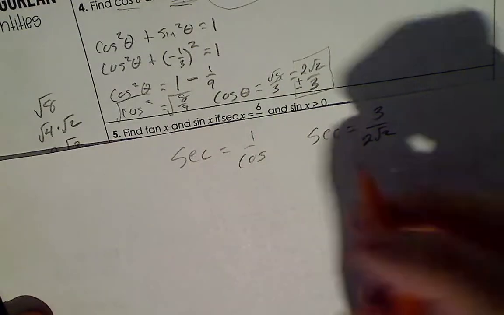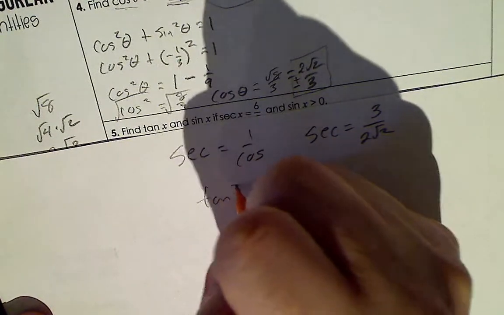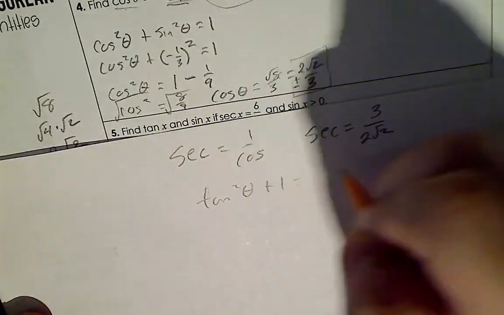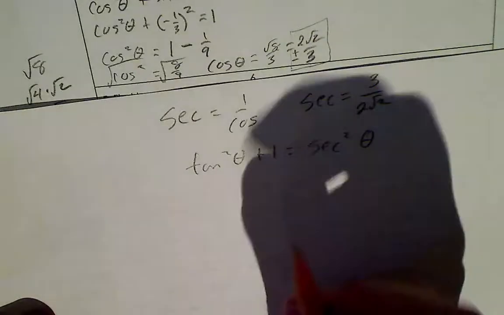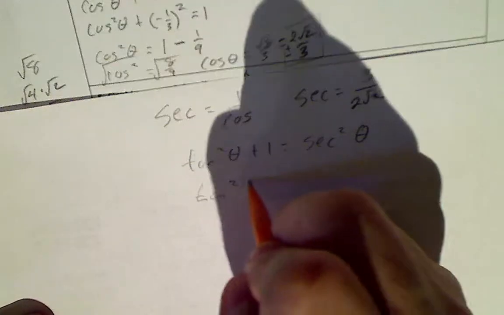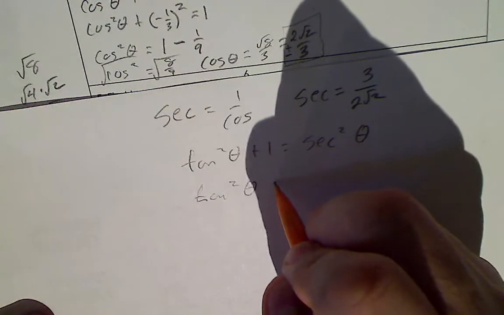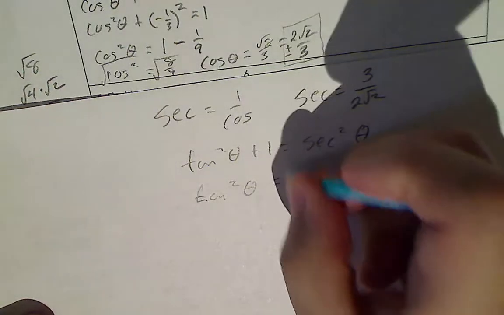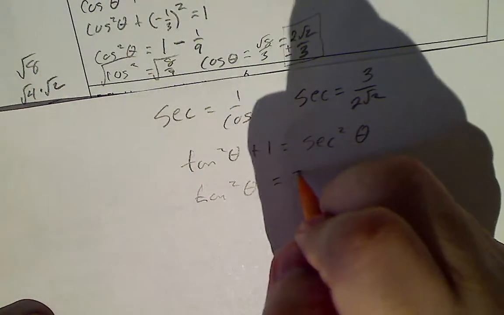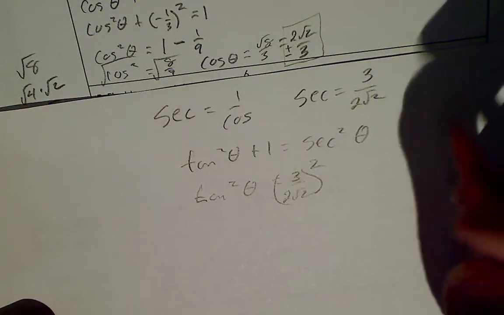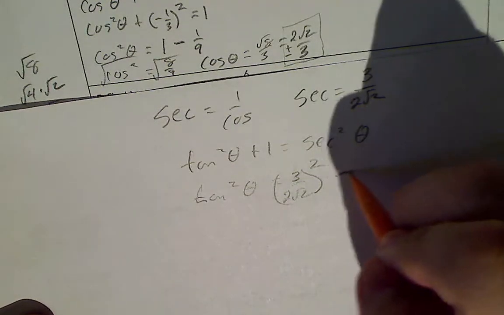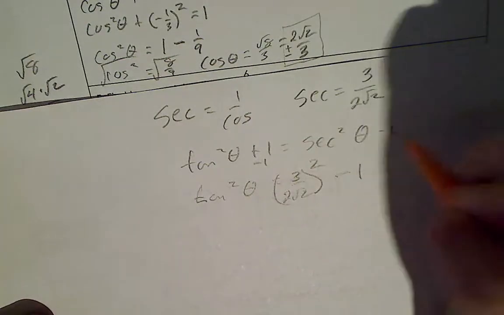So it's going to become tangent squared theta plus 1 is equal to secant squared theta. Tangent squared theta is equal to, sorry, let me do this again, 3 over 2 root 2 squared, and there's a reason why I didn't rationalize it yet, minus 1, because I'm going to essentially subtract 1 on both sides.